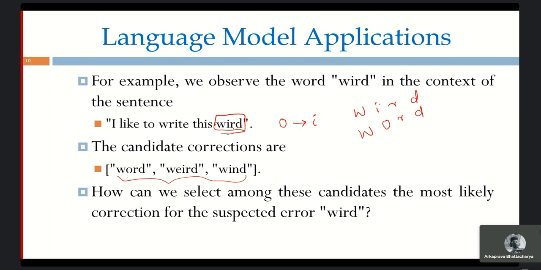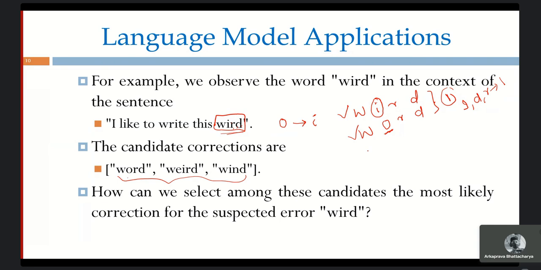Only I needs to be replaced with O. So the distance between these two words would be 1. Let's suppose I consider the cost of insert, delete or replace to be 1. Then the cost of converting this word into this word is 1, because I have done only one replace.